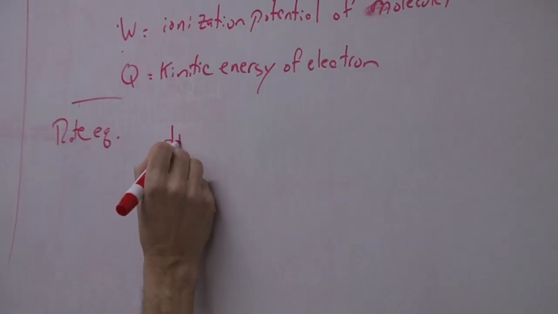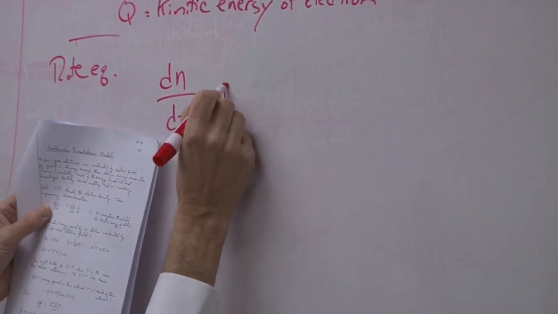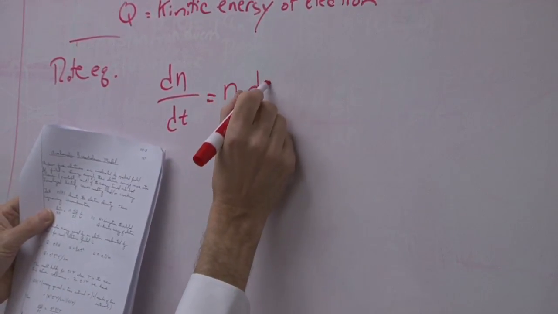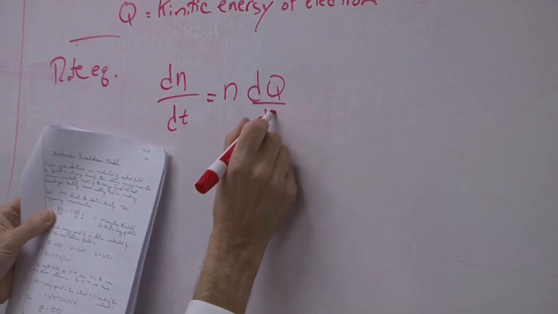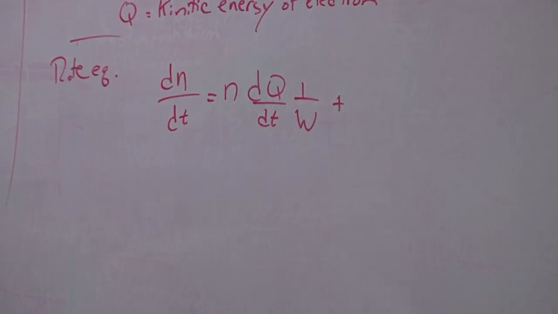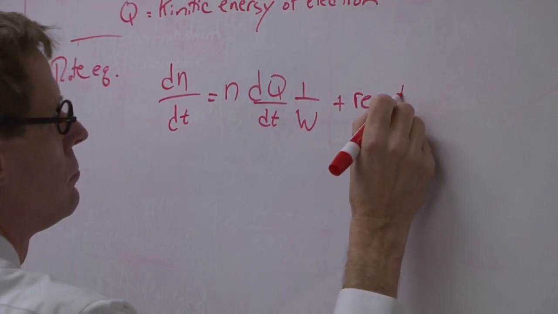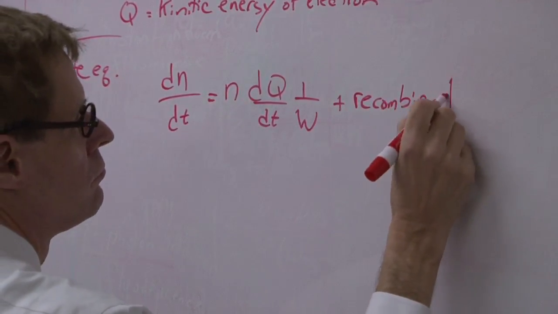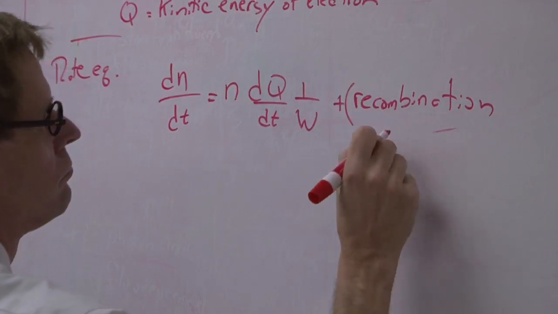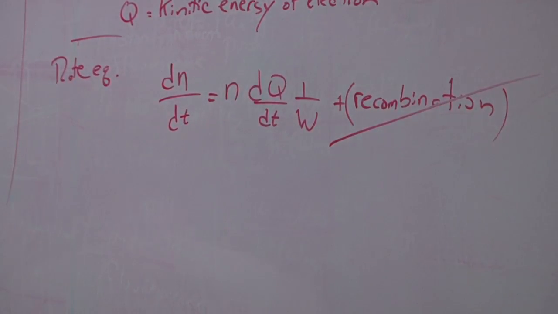And let's assume that dN/dt is equal to n times dQ/dt times 1 over W plus recombination, and we'll ignore recombination.